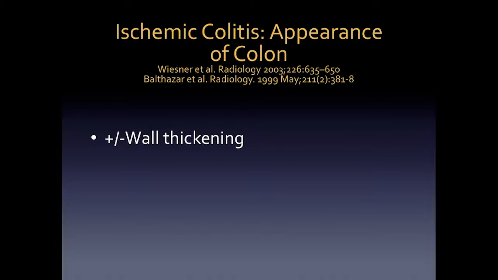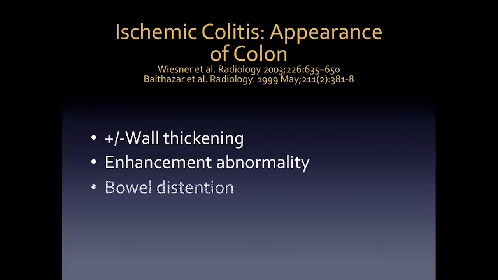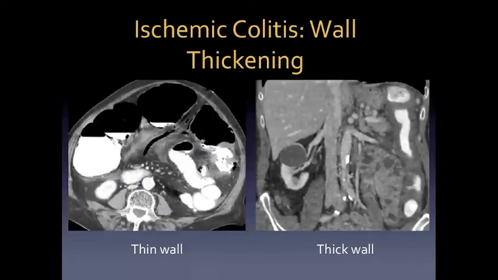So sometimes in ischemic colitis, you will have a thick wall, but sometimes the wall will actually be quite thin. Because we're talking about ischemia here, we can look for an enhancement abnormality where I don't necessarily mean hyperemia, but hypoenhancement of the colon wall. We can also look for colon distension and then pneumatosis, which of course can be a quite specific feature of colon ischemia.